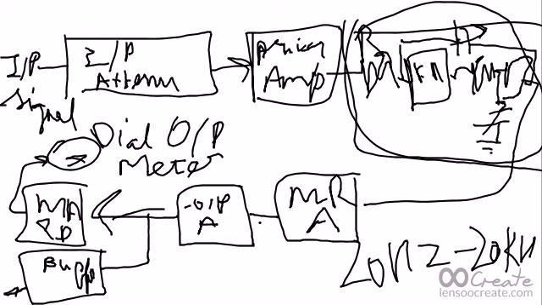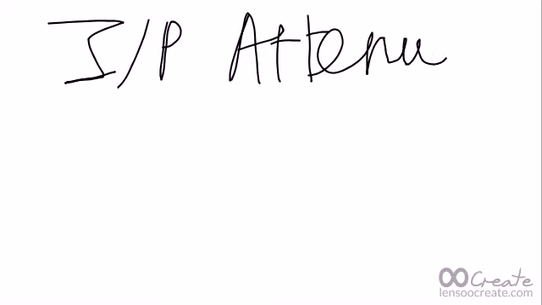So the complex wave to be analyzed is passed through an adjustable input attenuator. And what is the function of the input attenuator? It serves as a range multiplier.